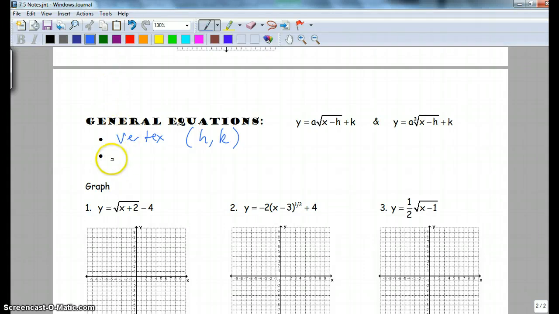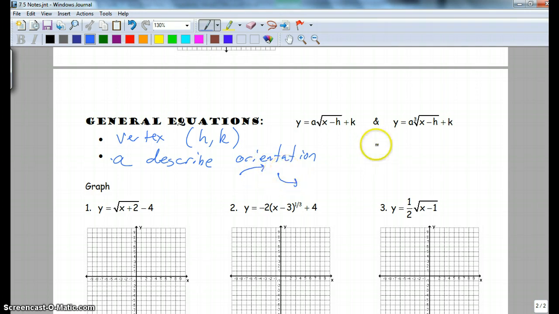But a is going to describe the orientation, whether, for square roots, it's like this or like this, and it's going to tell us about the shape.